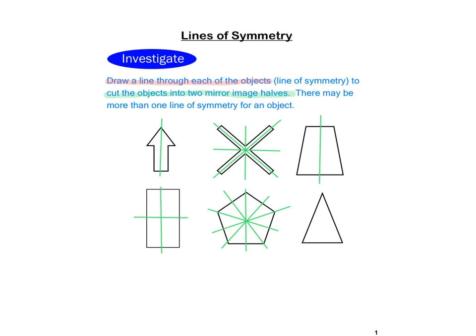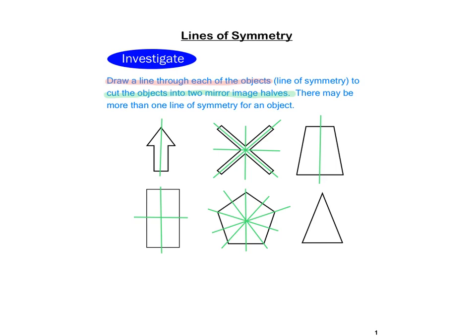So you really have to look at what the shape is, or what the image is, to see where the lines of symmetry go. And if you're drawing a line of symmetry, it always makes the most sense to draw it with a ruler, or anything that's straight. So it could be the side of a book, the side of a calculator, the side of your phone, anything, as long as it draws a straight line.